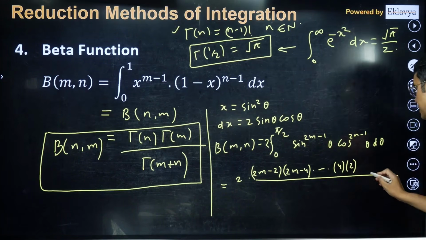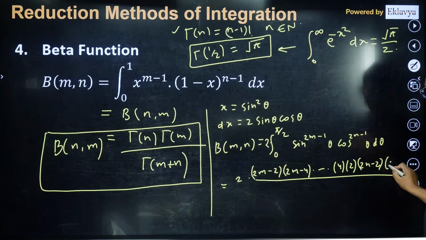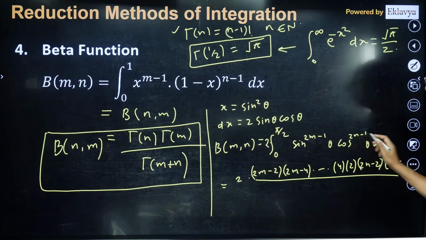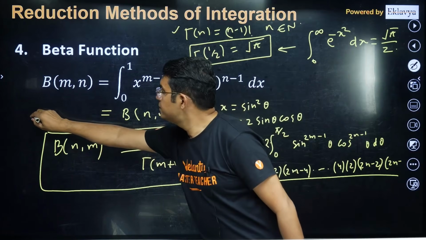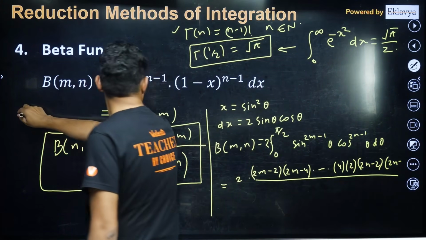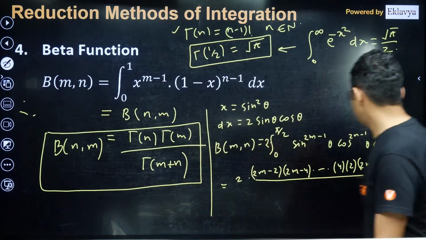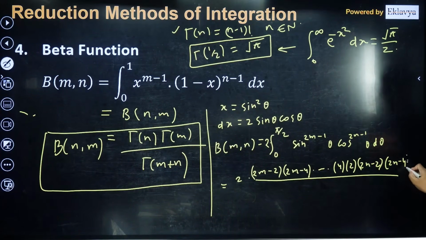Similarly for 2n minus 1, it will be 2n minus 2 first, then 2n minus 4 and so on. This will also end at 4 into 2.